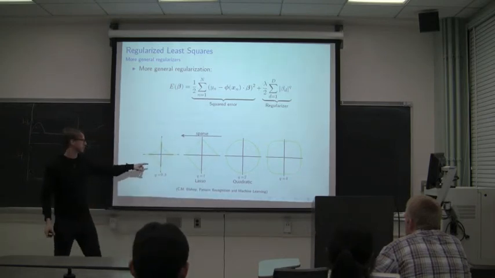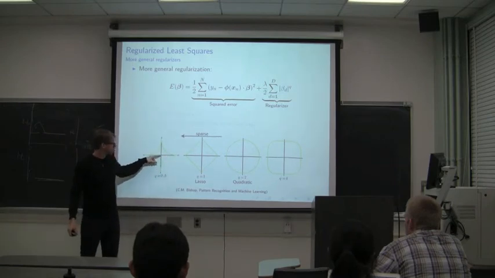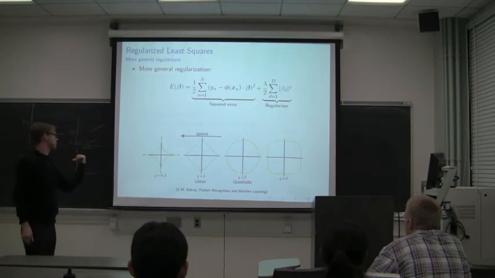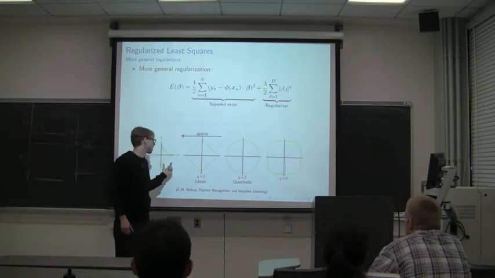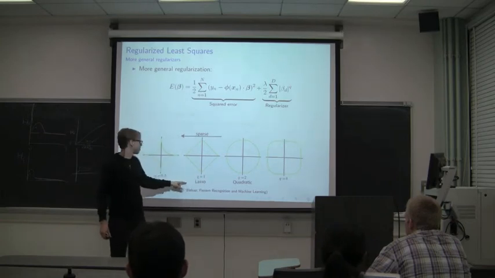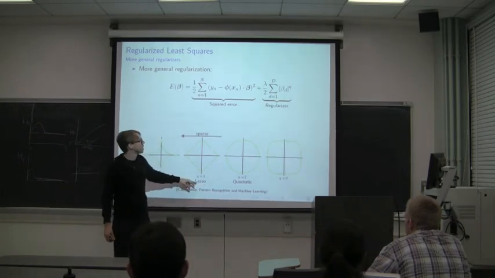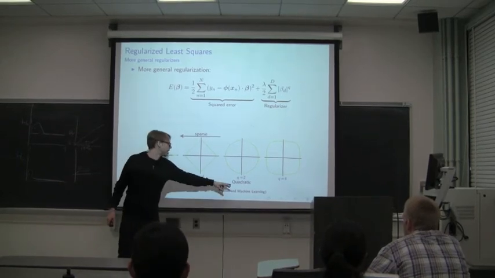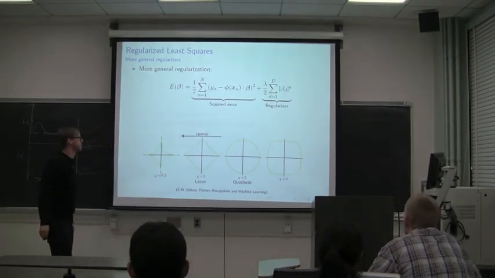So this gives a large incentive, if you want a large value in one of them, to set the other one to 0. So there's sparsity in this direction, and the most typical models are: if q equals 1, you get the lasso regression, and q equals 2 is the ridge regression, the quadratic one that we used before.